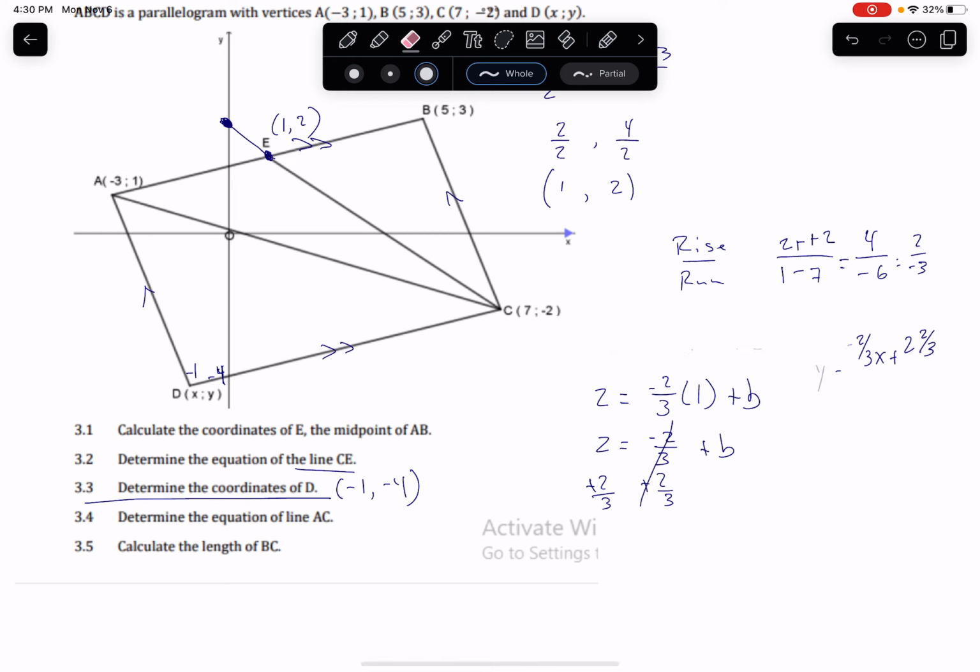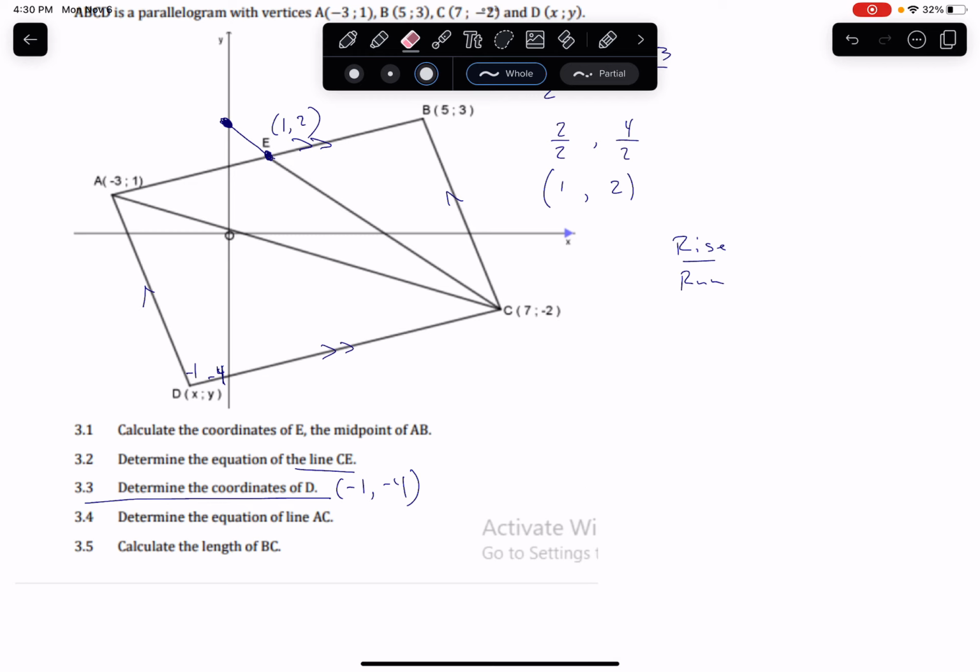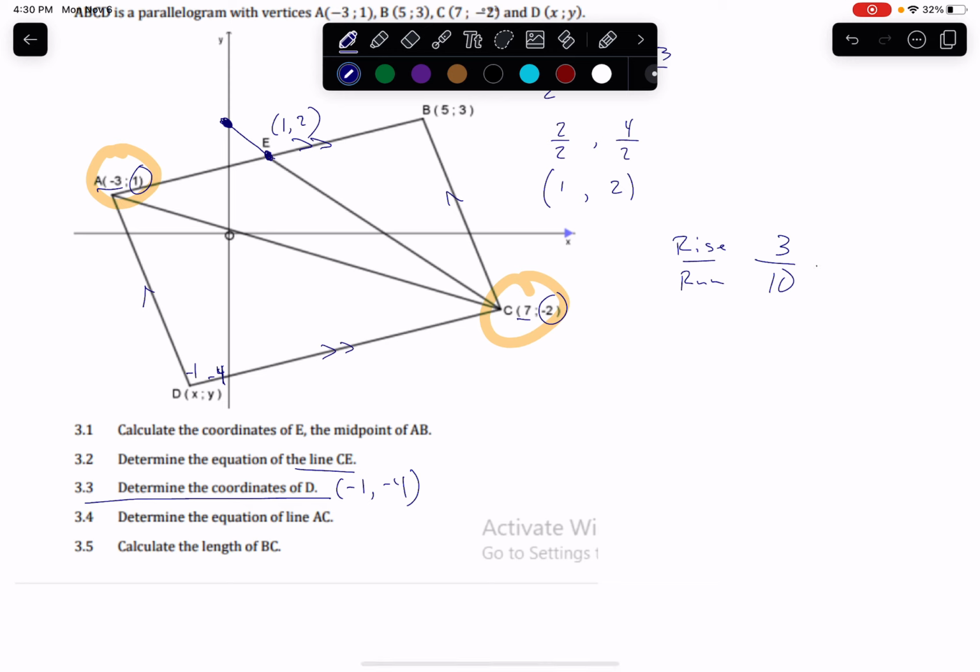I'm going to delete it off now. So here's my rise and run. I'm using A to C. Rise would be my y-coordinates. So I'm rising 3. From 1 to -2 is 3. And I'm running -3 to 7. That's a 10. So my slope is 3/10.